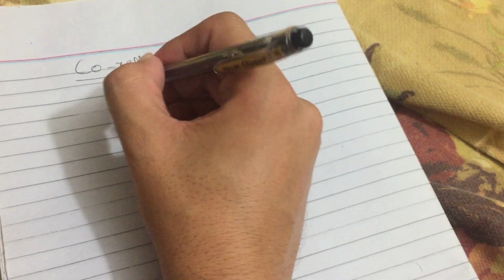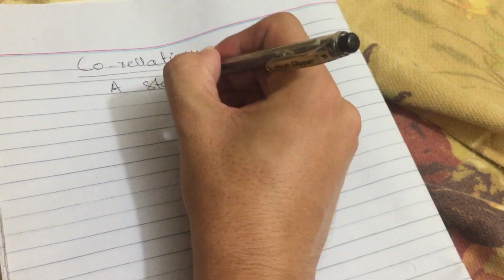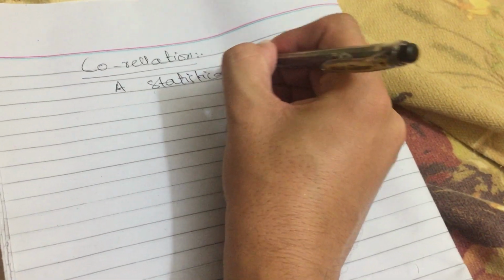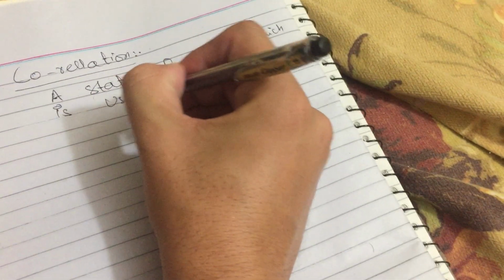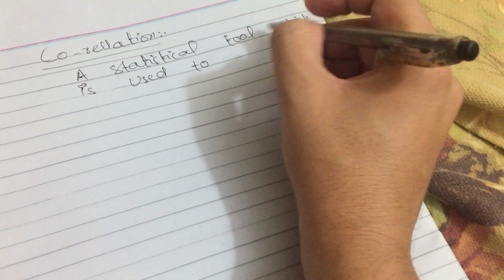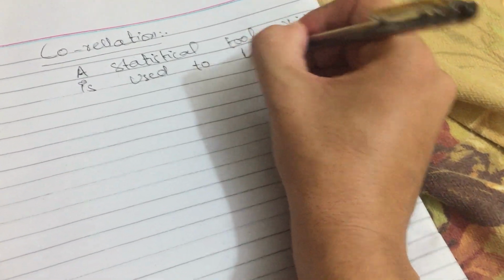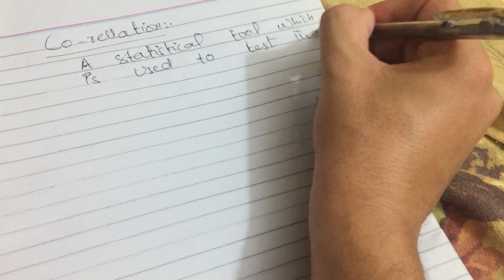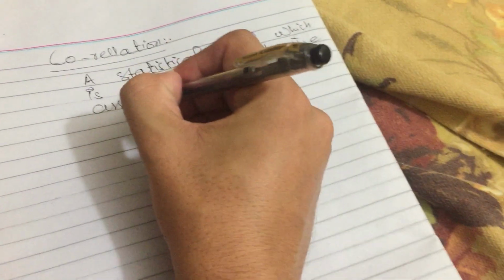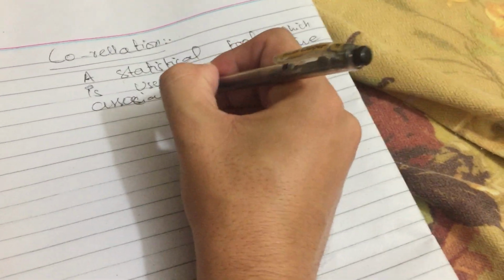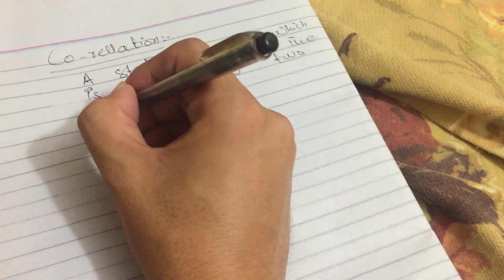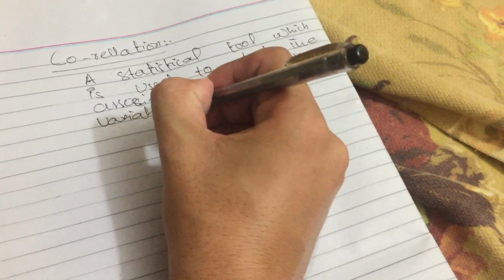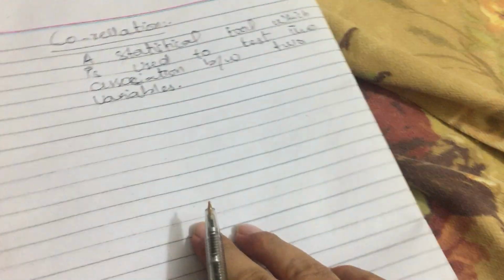Correlation is basically a statistical tool which is used to test the association between two variables.